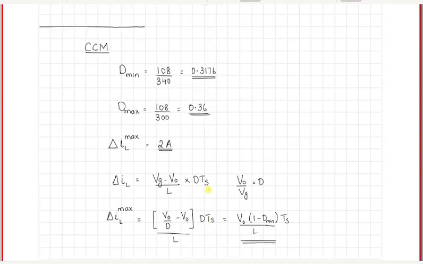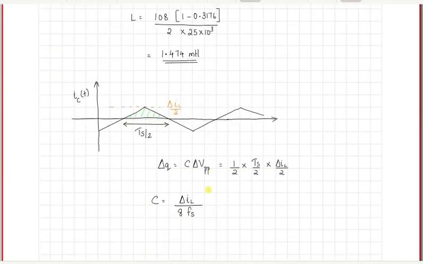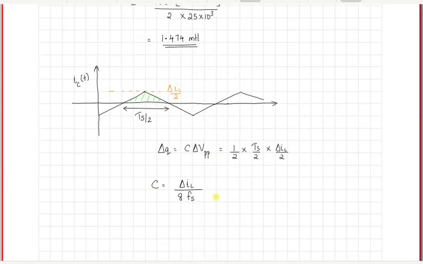Here Fs is 25 kilohertz. So if you do this calculation, you will get delta IL is 2 amps divided by 8 times 25 kilohertz. So this you will get as 10 microfarad.